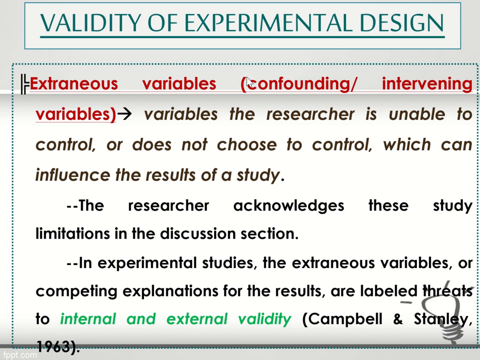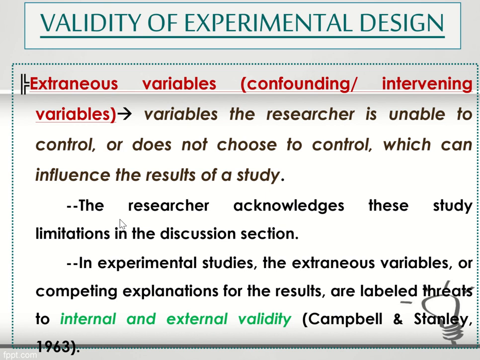Other names for extraneous variables are confounding and intervening. These variables are also called study limitations. So the researcher acknowledges these study limitations in the discussion section of a research report.